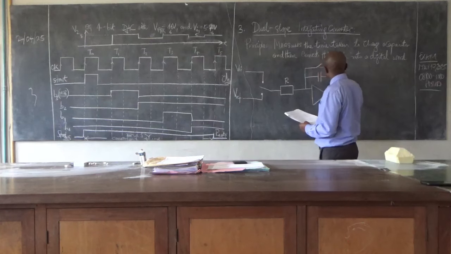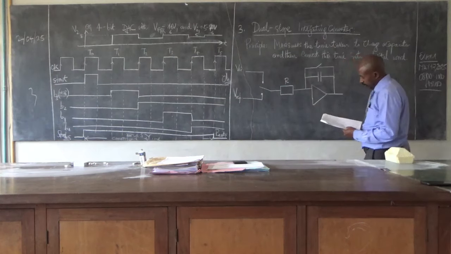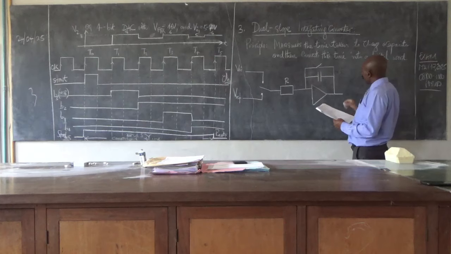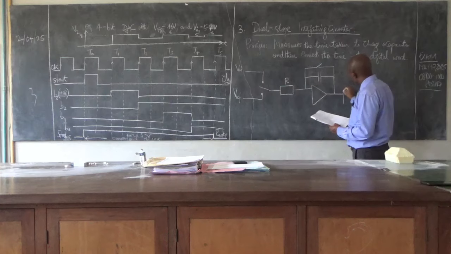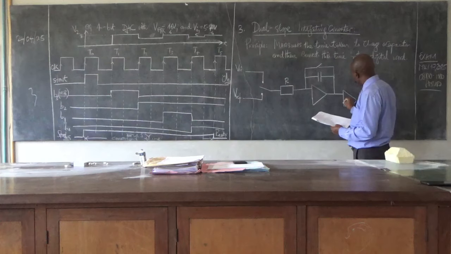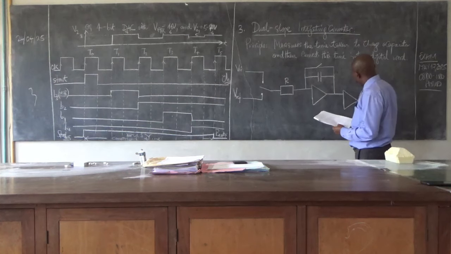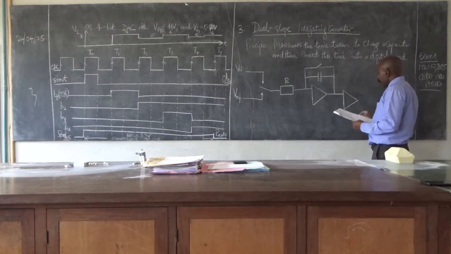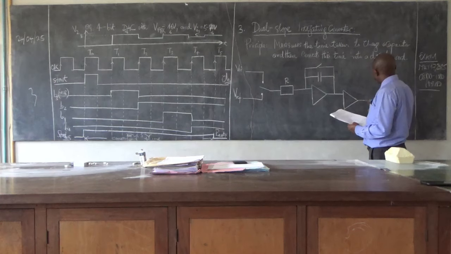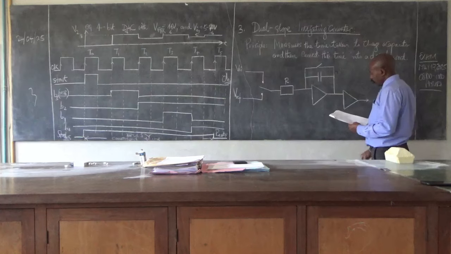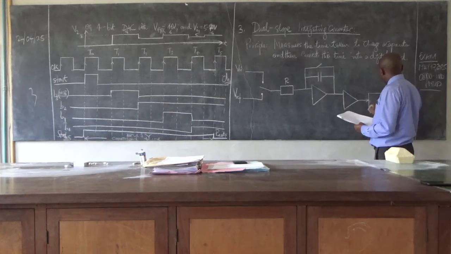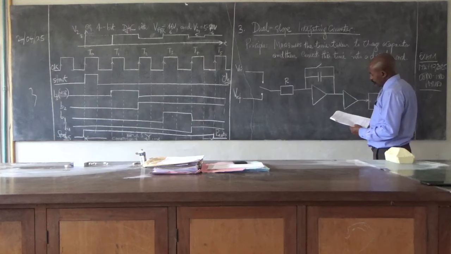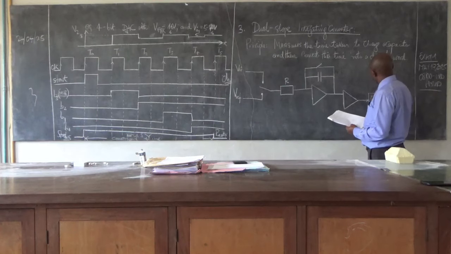We can discharge this capacitor or bypass it, and then this output here is sent through another comparator, and then from the output of this comparator we try to get some information out of it from the control logic.